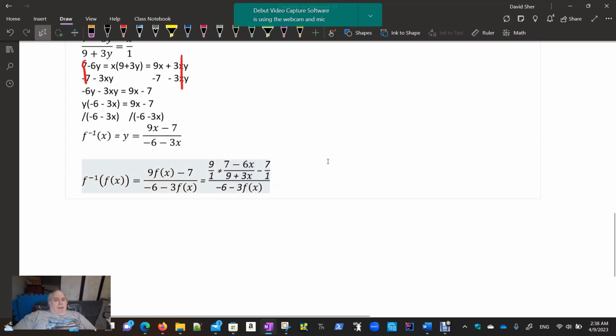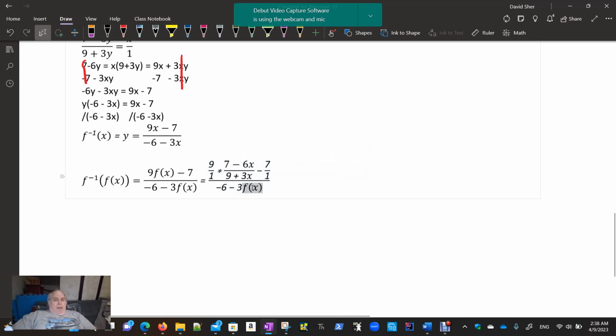Okay, now that's right. Now, I'm going to get 6 minus 6 minus 3 times f of x. Now, I already got the f of x formula here.